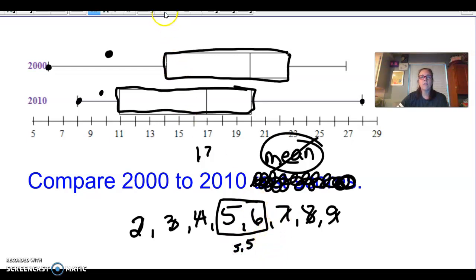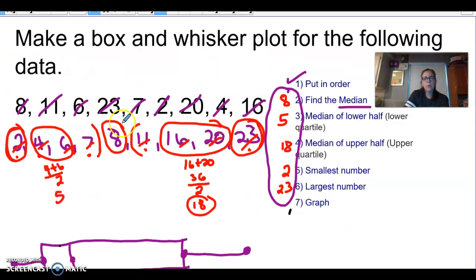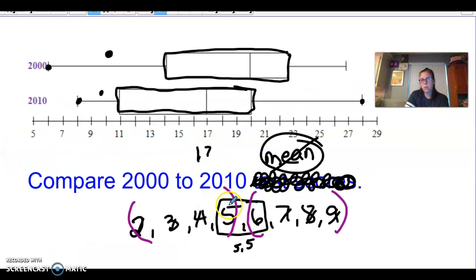When you go to find your lower quartile on this one, you're going to include the 5 on the left and include the 6 on the right. Remember on the other one, we did not include this 8 because it was by itself. But if there's 2 and you find the median down here, you include those. So if you have an even number, you're going to include them.